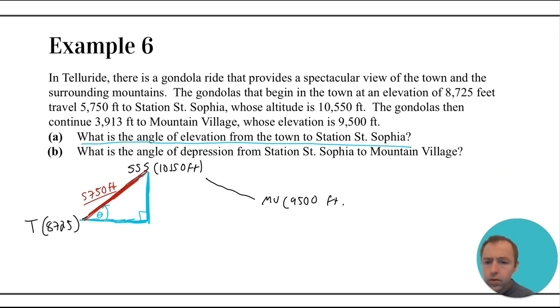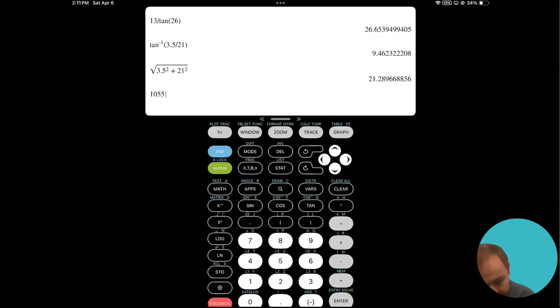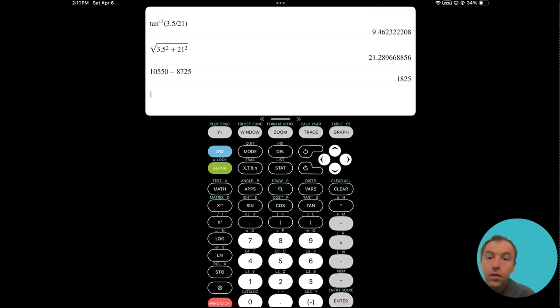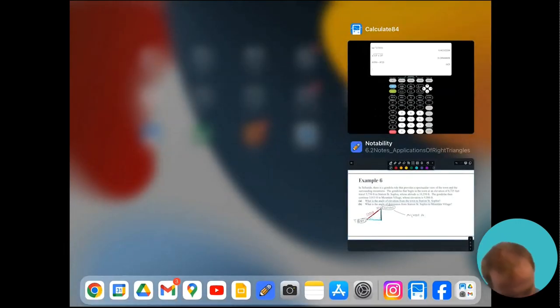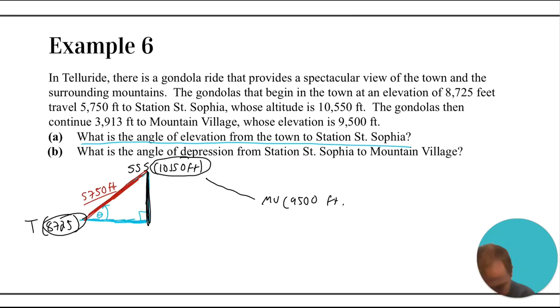We don't know either of the two other legs, but what we do know is the elevation of SSS and the elevation of Telluride. And so the change in those elevations should give you the overall rise, or what this distance is going to be right here. So if we subtract those two quantities, 10,550 and 8725, we get an elevation change of 1825.